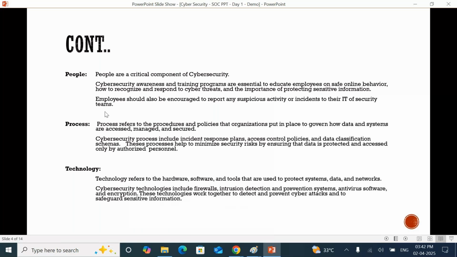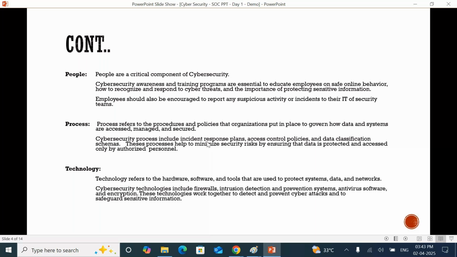Process refers to the procedures and policies that an organization puts in place to govern how data and systems are accessed, managed, and secured. Cybersecurity process includes incident response plans, access control policies, and data classification schemas. These processes help to minimize security risk by ensuring that data is protected and accessed only by authorized persons.